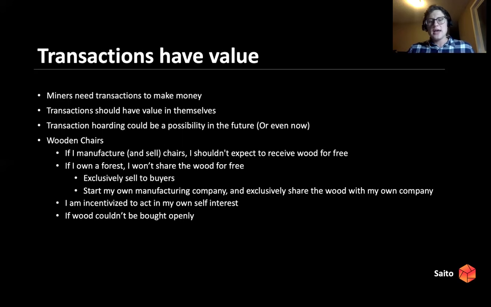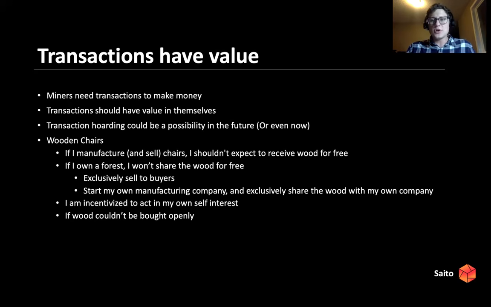Similarly, if I own a forest and I cut down trees to get wood, then I shouldn't be giving out that wood to anyone for free either, right? An arrangement you're much more likely to see would be where I would be selling my wood to people who are willing to pay me for it. Another alternative is for me to start my own manufacturing company and exclusively share my wood with that one company for some benefit.